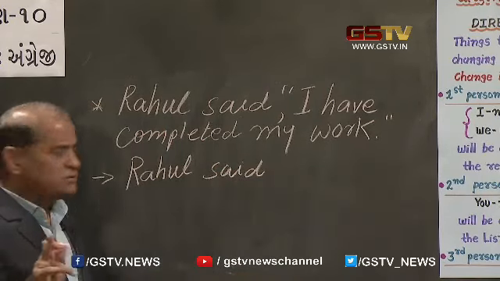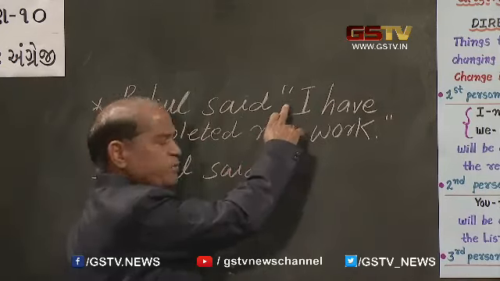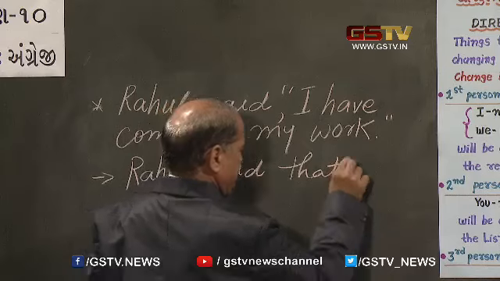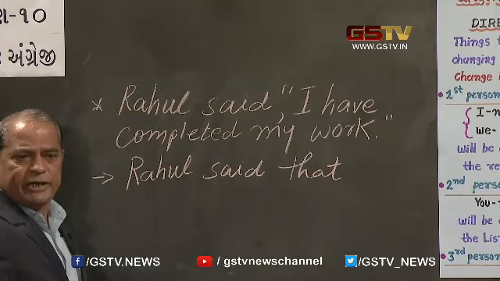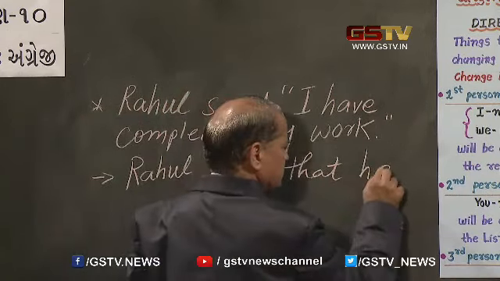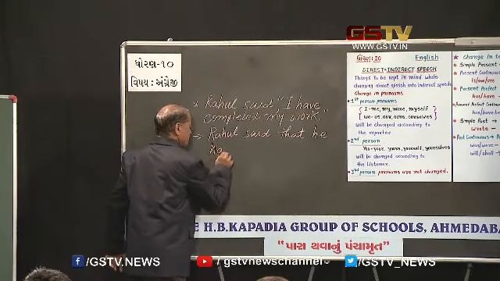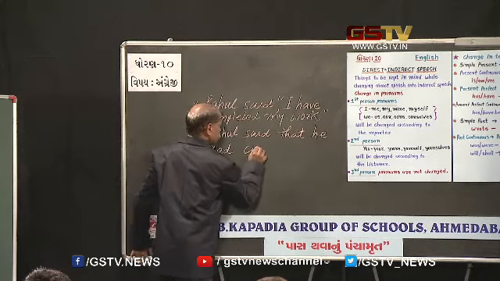And a conjunction will be used here in place of inverted commas. I will be changed according to the reporter, meaning he, and has, have into had.